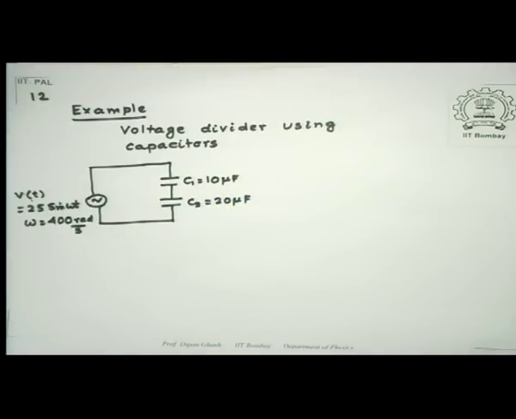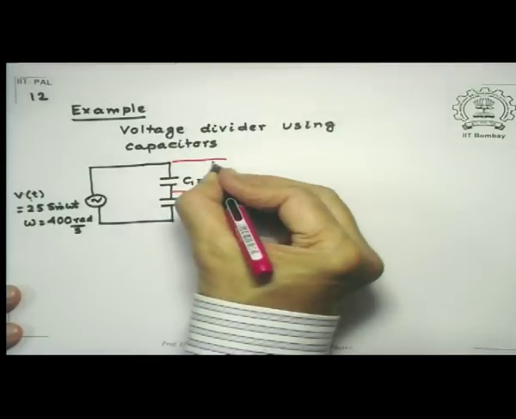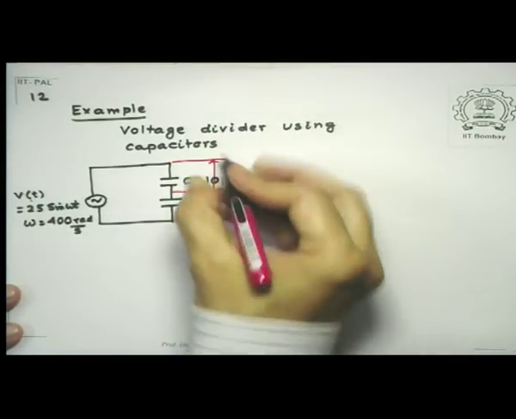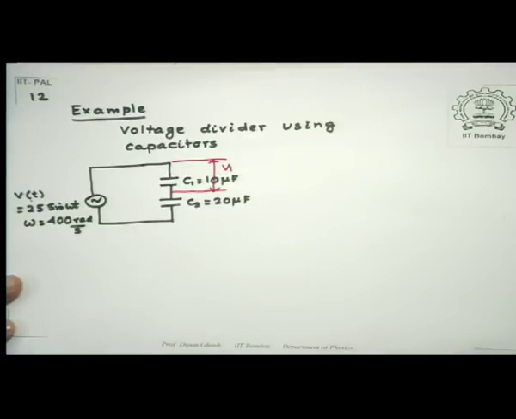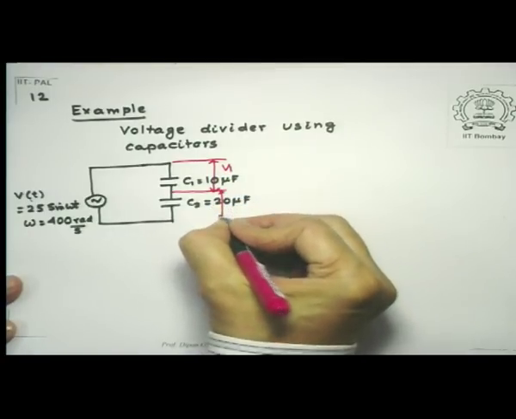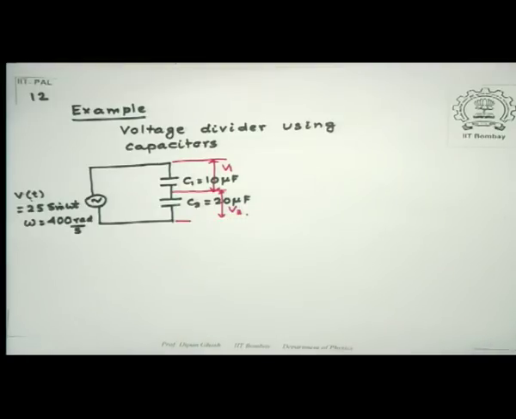Between this point and that point there is a voltage V1, and between this point and that point there is a voltage V2. Now remember that since the capacitors are in series, the charge Q at any instant in them is the same, but the voltage is different.